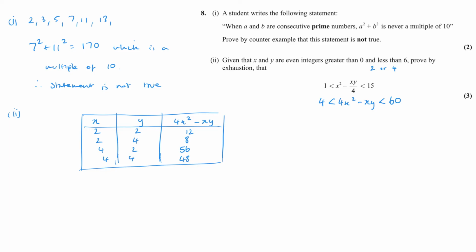So, you know, all values between 4 and 60. So the x squared minus x over 4, 15 is true. And that's it, job done. Any kind of conclusion at the end there would be, you know, fine.